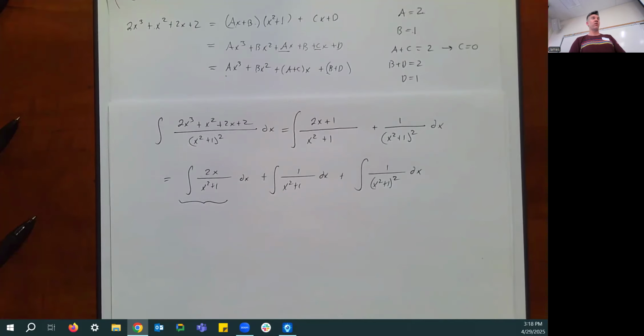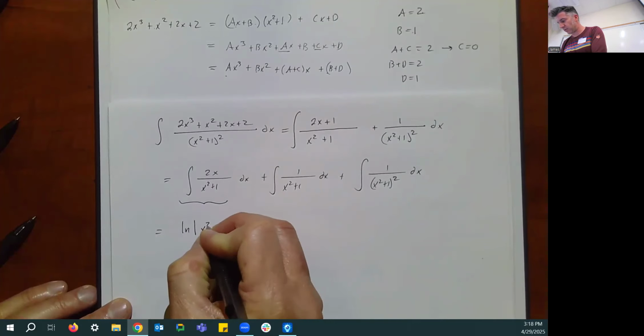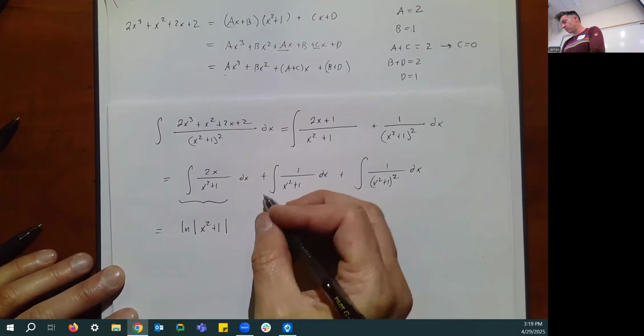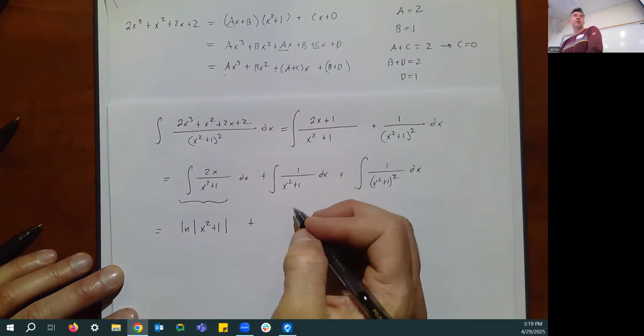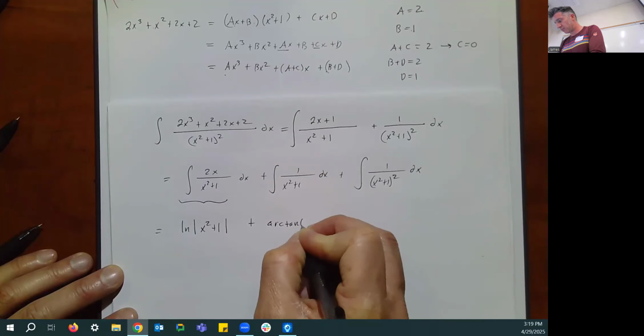The integral of du over u is the natural log of the absolute value of u. So this is going to end up being the natural log of the absolute value of x squared plus 1. You could actually even drop the absolute values here since x squared plus 1 is already always positive. But we leave it. Same deal here. This one should be an automatic, you know, that the integral of 1 over x squared plus 1 is the arctangent of x.